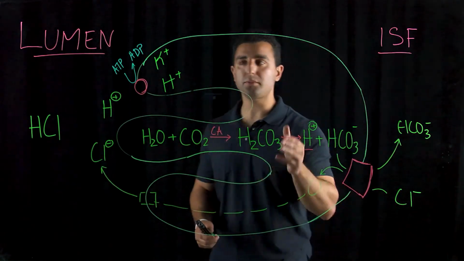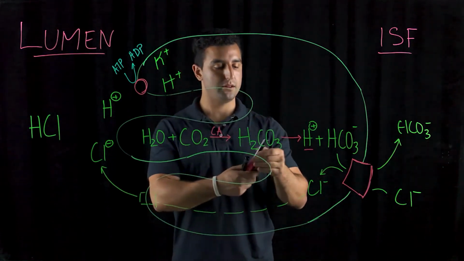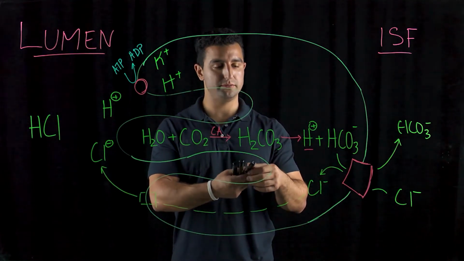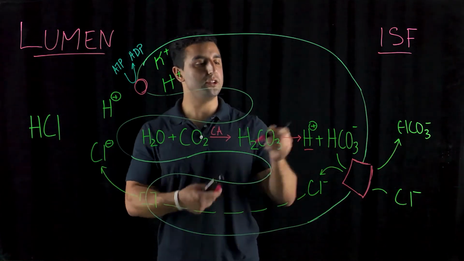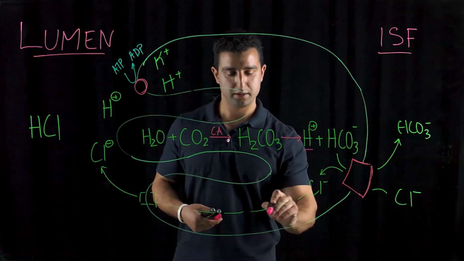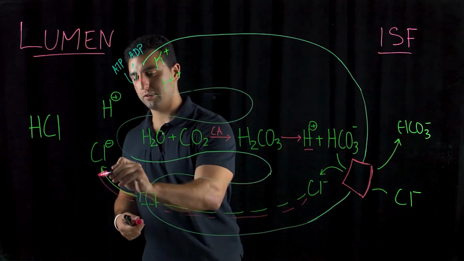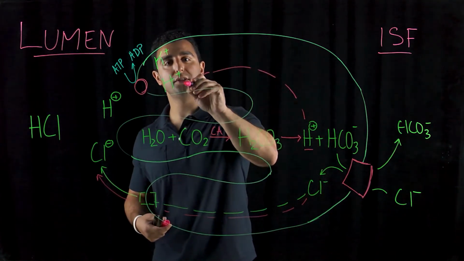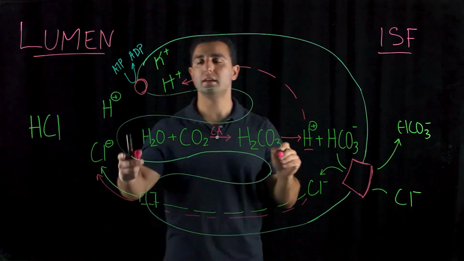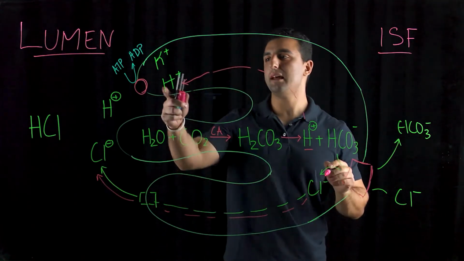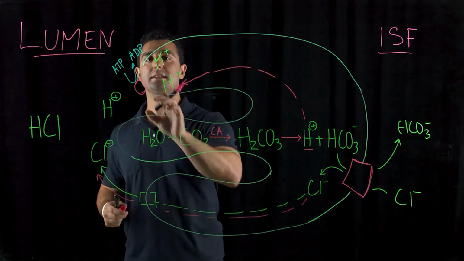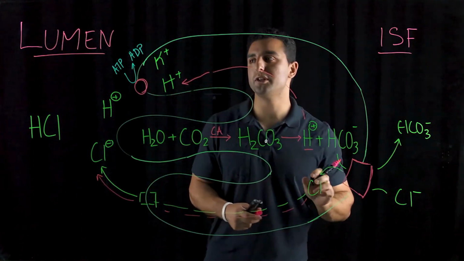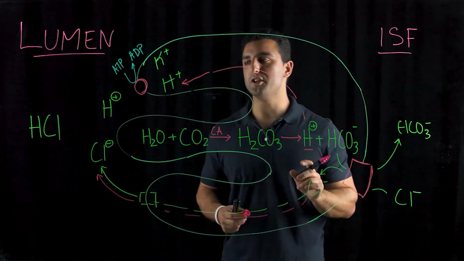Now, what happens with this hydrogen? Let me make this pink so you know the direction. All right, now the hydrogen goes to the terminal end of the parietal cell, and at that region, there is this potassium hydrogen ATPase exchange.